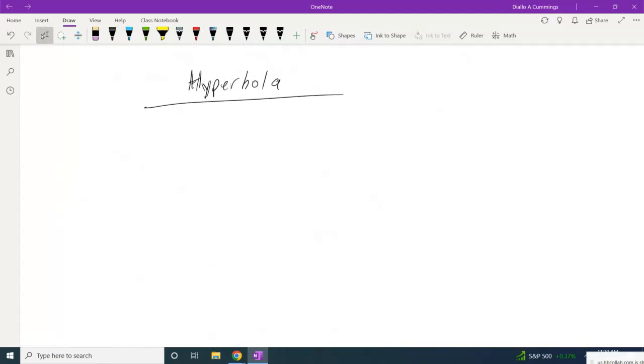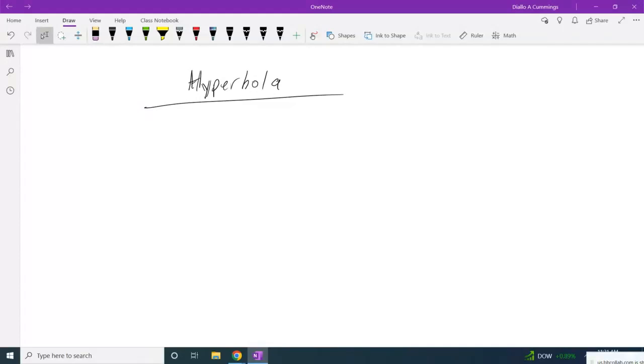Now, fortunately, in this last section, we don't necessarily deal with hyperbolas that are not centered at the origin. We talked about the ellipse in the last class, and an ellipse has a major axis, and the vertices and the foci are located along that major axis.